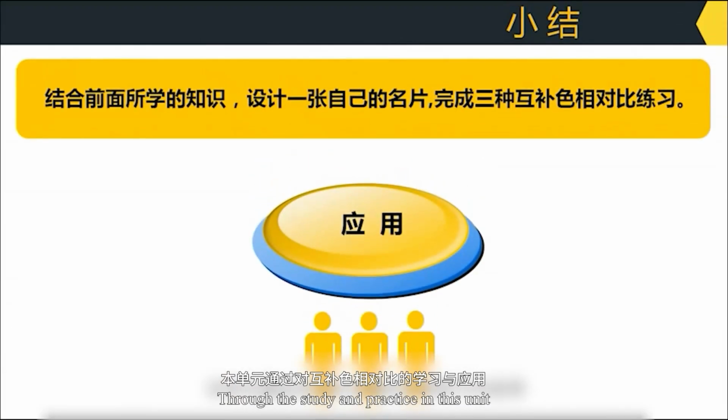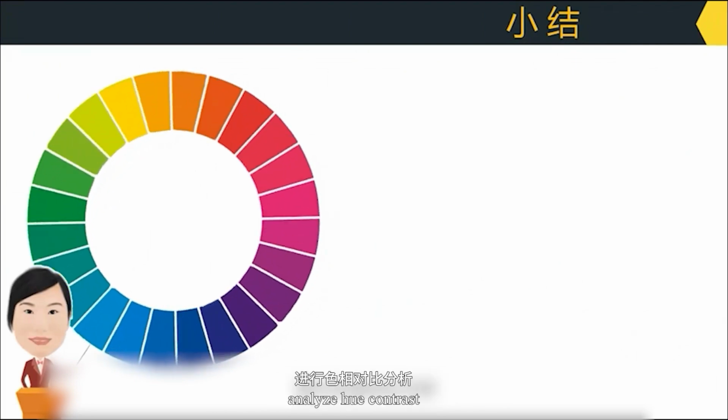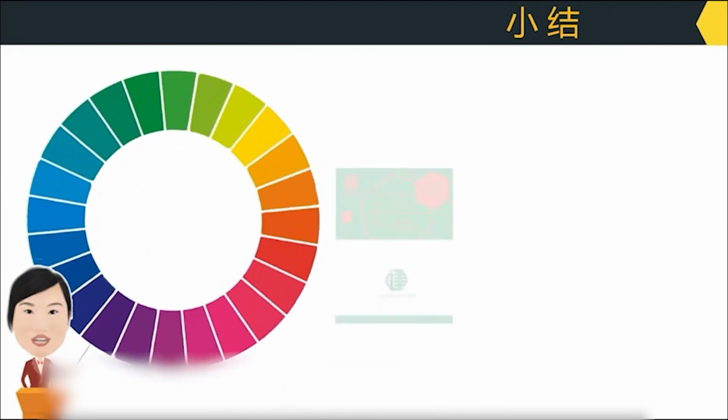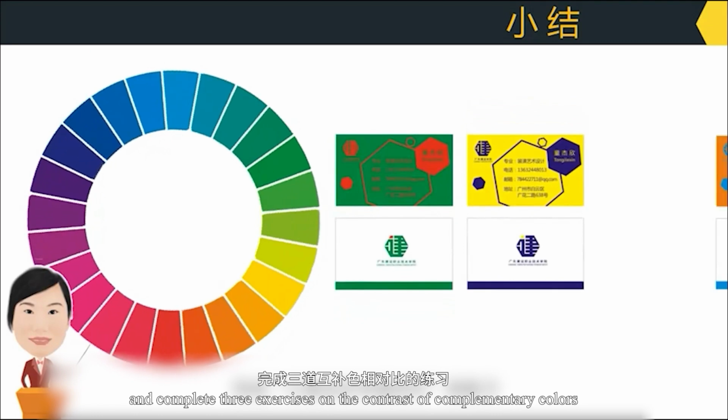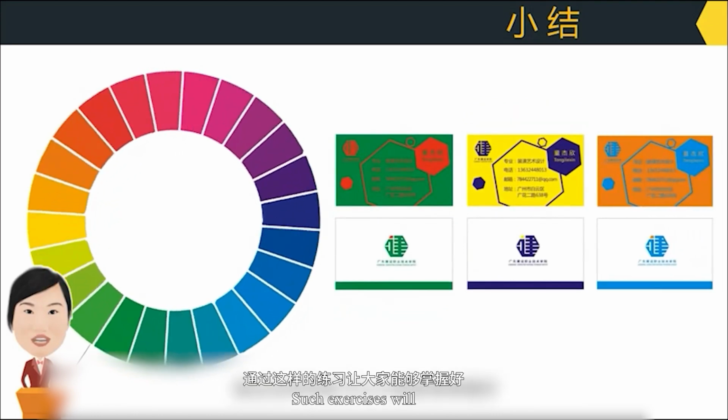Through the study and practice in this unit, I hope you can design your own name card. With what we have learned, analyze hue contrast, and complete 3 exercises on the contrast of complementary colors. Such exercises will help you master the knowledge.